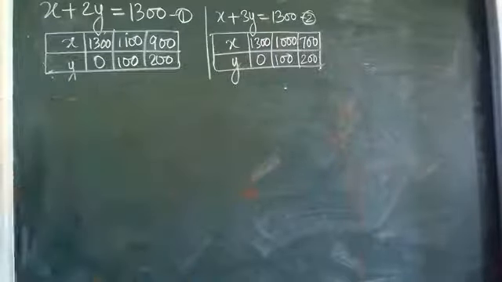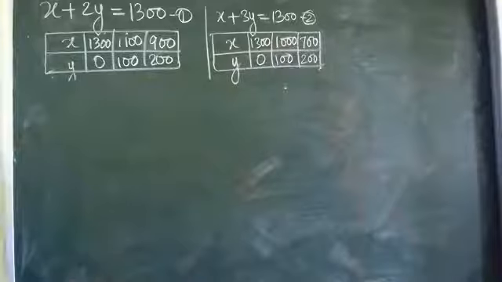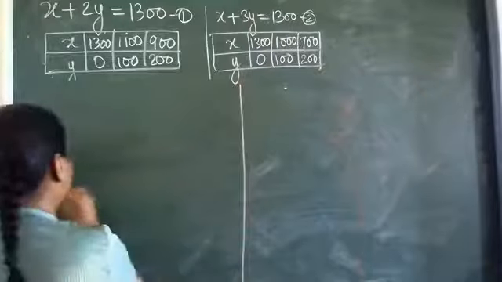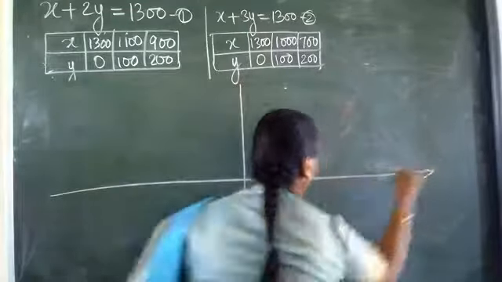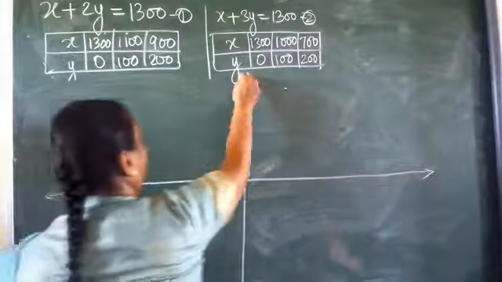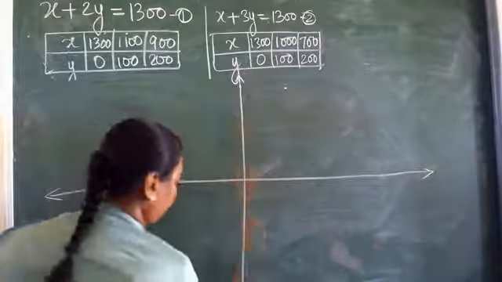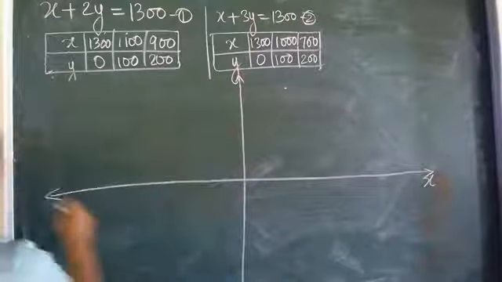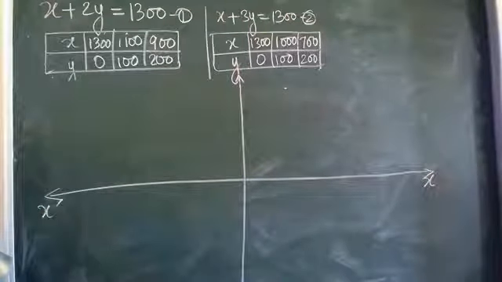Now, how to plot these equations on graph paper. See, this is your graph paper. This is called the x-axis, positive x-axis, and this is the negative x-axis, x dash.